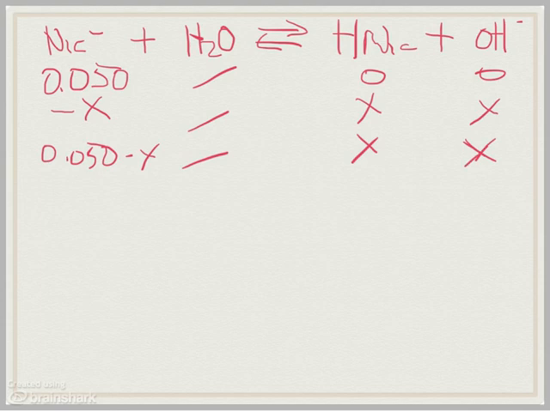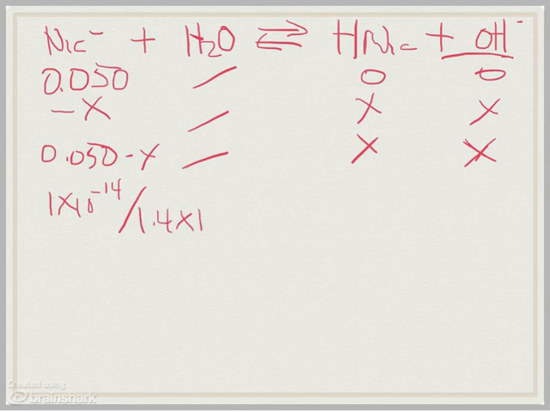Now in this particular problem, they gave you the Ka, or the expression for the acid. You have OH minus though in this case, so that means you need to find the Kb. So you would just do 1 times 10 to the negative 14, divided by the Ka that they gave you, which is 1.4 times 10 to the negative 5, and that should give you 7.1 times 10 to the negative 10.